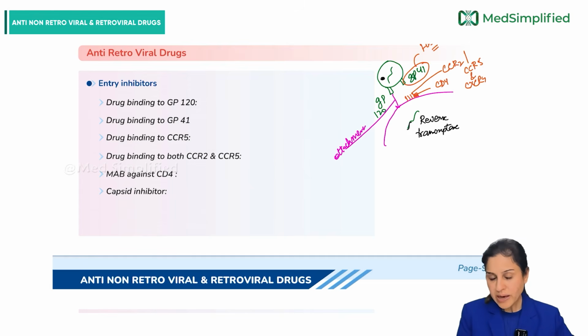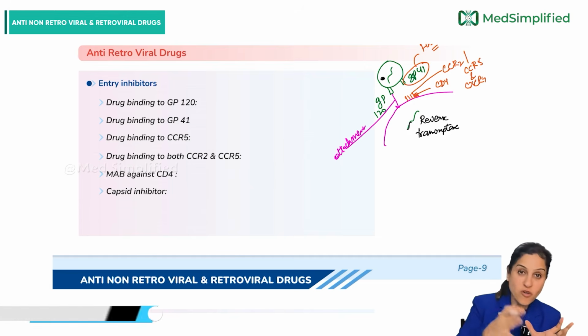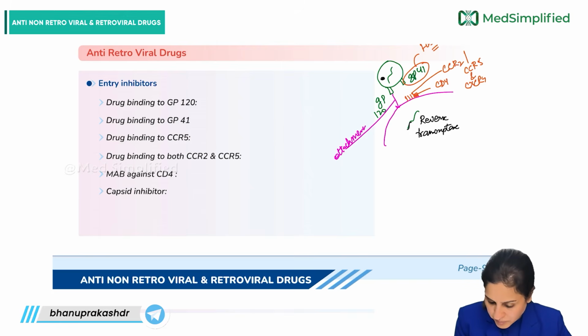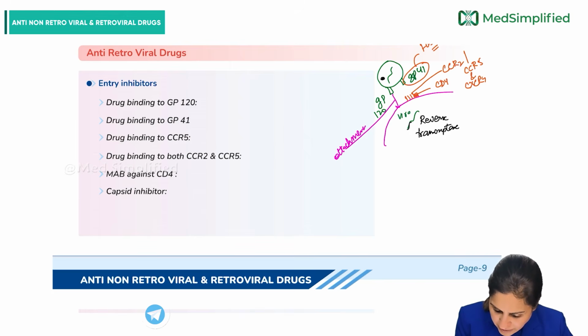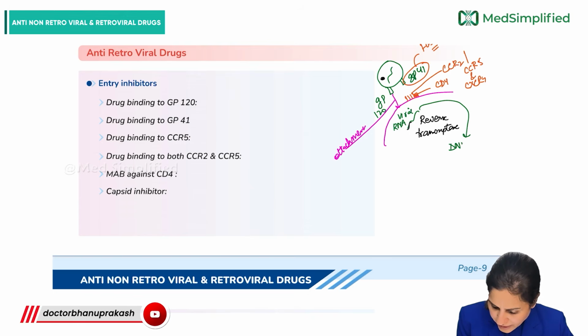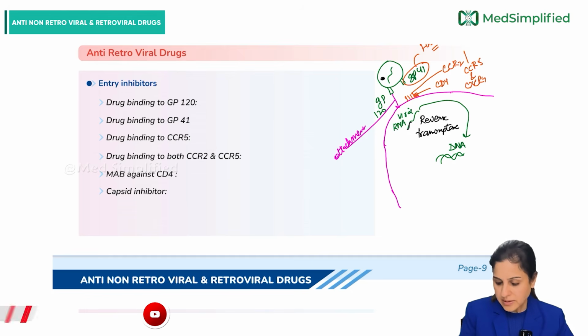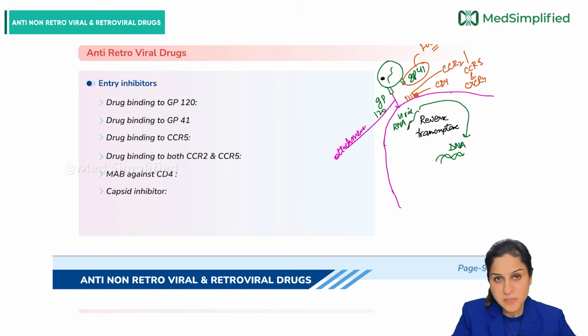Because normally RNA is formed from DNA, but in this case, the reverse is happening. From the viral RNA, we are forming the viral DNA, double-stranded, right? So this is happening in the host cells. So when this happens, the enzyme reverse transcriptase is important.